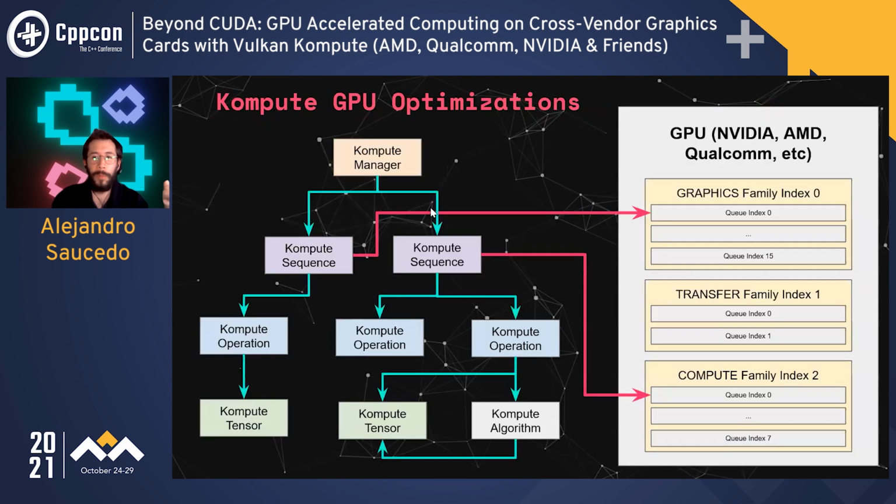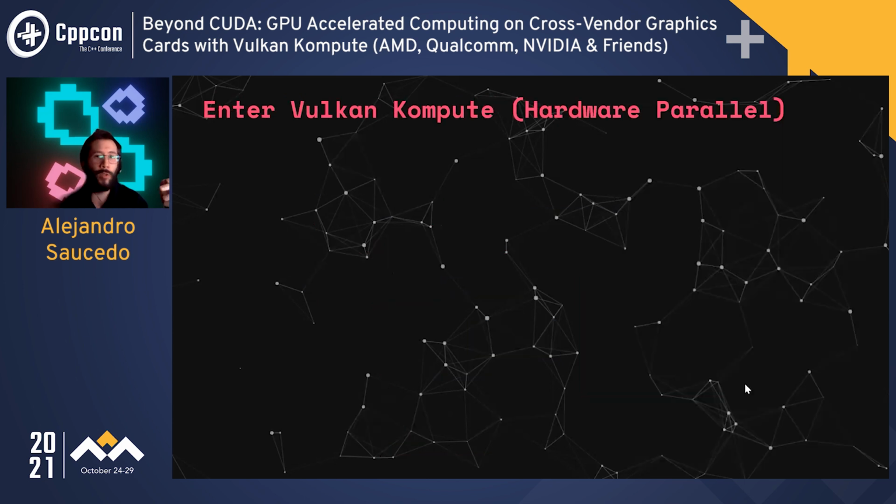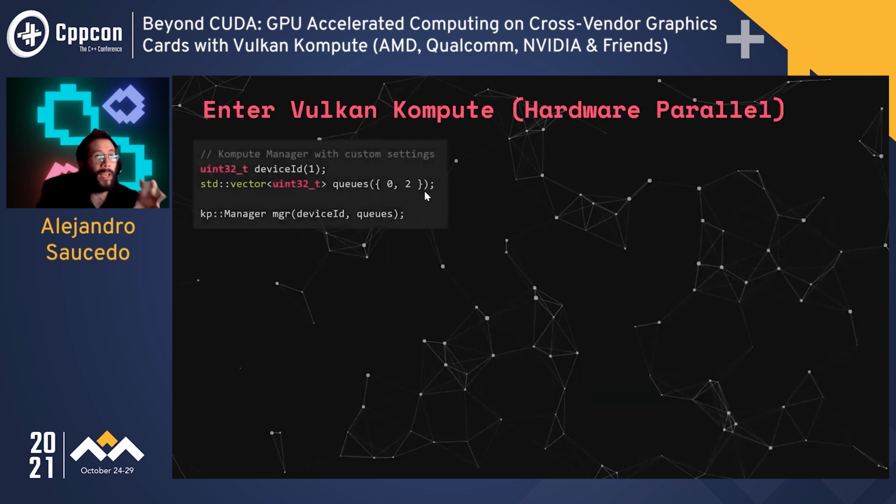So in this case, it would be my graphics family of index 0 and my compute family of index 2. I'm basically saying something that before was not specified. Before it was just choosing device 0 with queue 0, and that's good enough for most applications. But for some optimization, like what we're doing now, it wouldn't be. In this case, we actually want to specify which family queues we want to use.